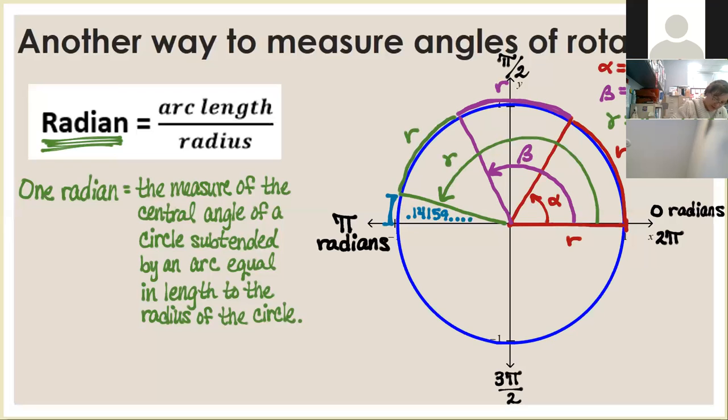One other thing that I want you guys to note right here. Radians are really special because radians do not have units.